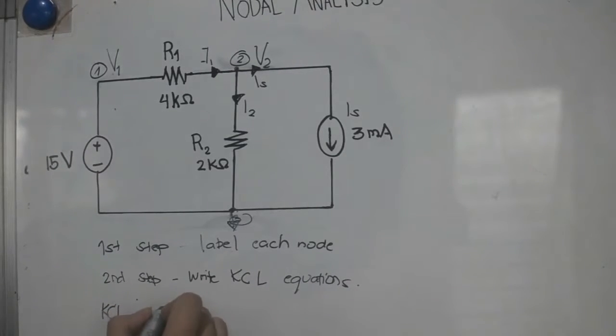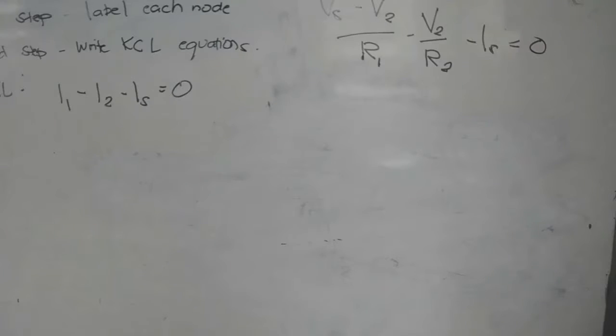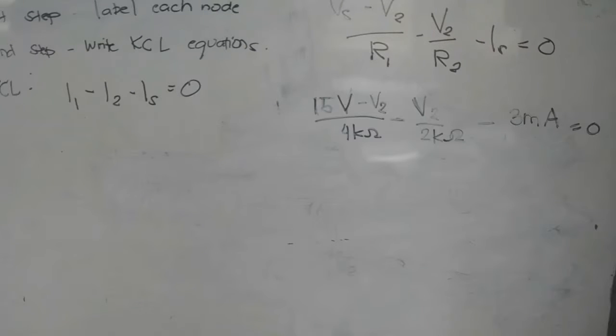The KCL equation is I1 minus I2 minus IS is equal to 0. We rewrite the KCL equation in terms of voltage and resistance. Now we just need to plug in the values and simplify the equation.